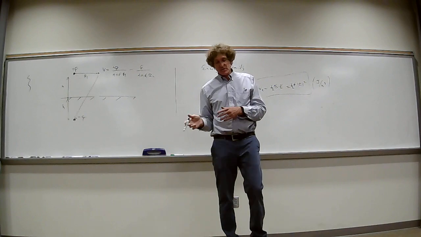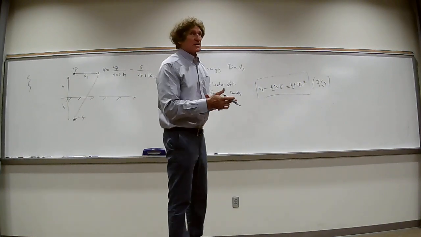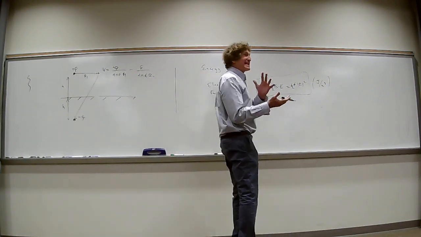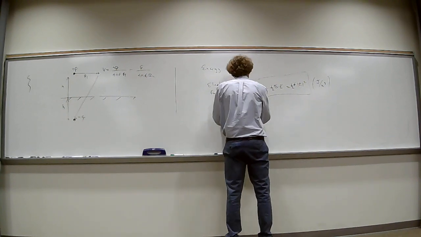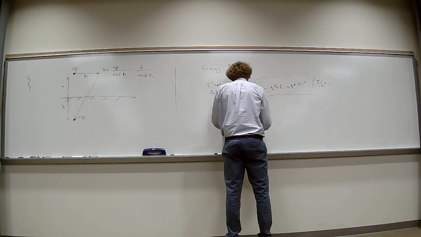Now, I'm going to add this right now. Energy density is one thing. That's how much energy is available to use, but there's power density. This is energy density. So power density.